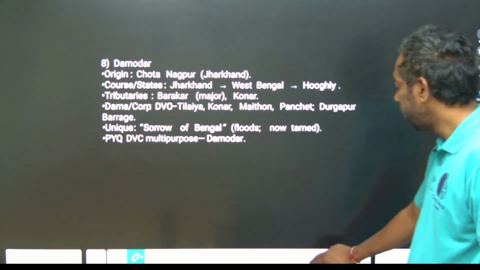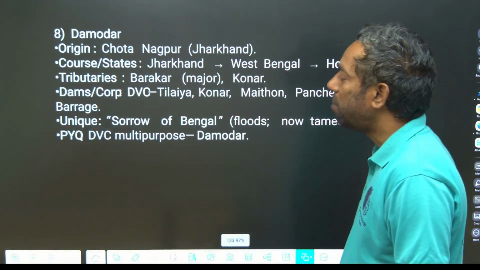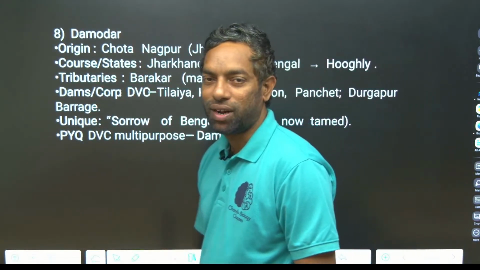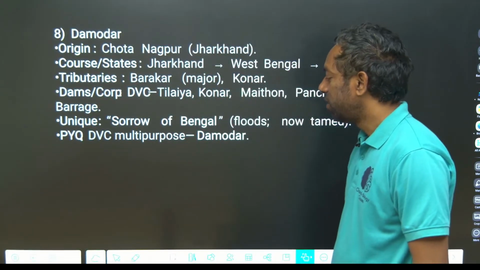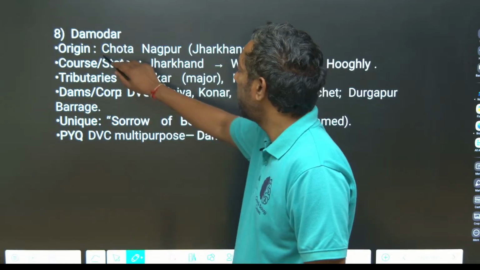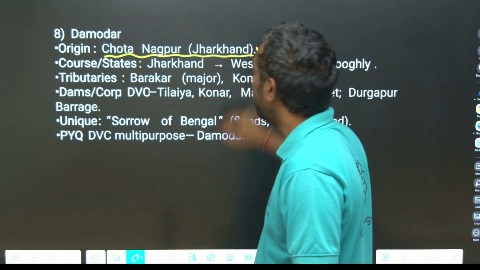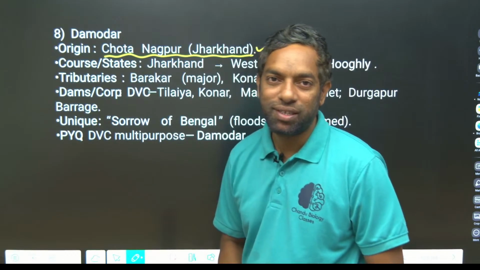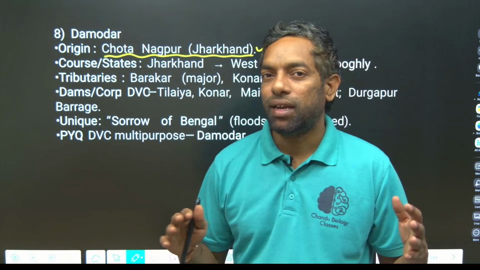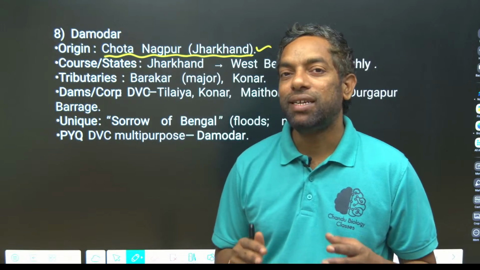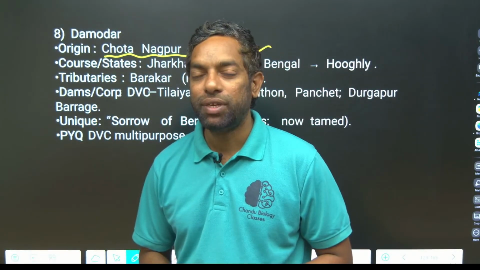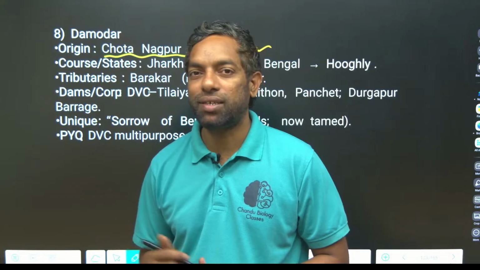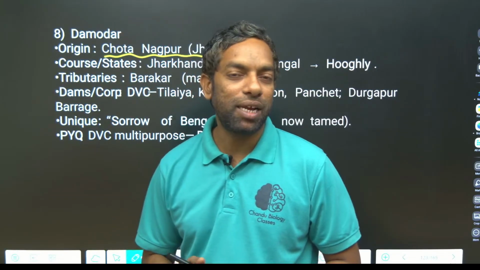And next east flowing river is Damodar River. This is also one of the important rivers, guys. Damodar River originates in the Chota Nagpur Plateau, Jharkhand. As you know, the plateaus, the topography, meaning physical features of India. I did make the class, guys. If you missed it, the physical features of geography, the first class of my geography classes, you have to come across once.